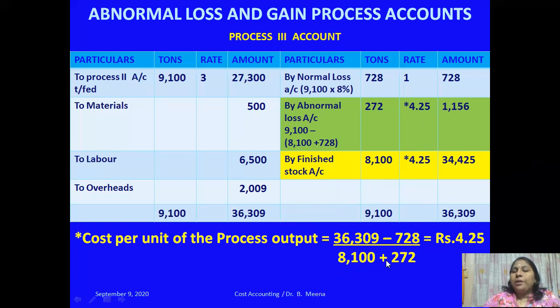So 8,100 plus 272, 4.25 is the rate per ton applicable for both abnormal loss as well as the output. So 272 into 4.25, 1,156, 8,100 into 4.25, 34,425. So this is the way how you can prepare process account when we have abnormal loss and abnormal gain.